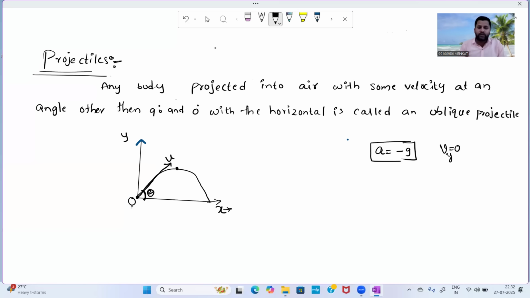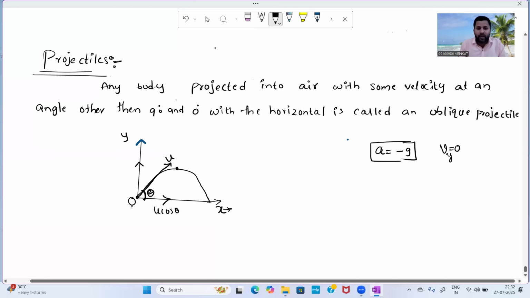When the body is projected upward with angle theta, this velocity can be resolved into two components. We can divide u into a horizontal component and a vertical component: u cos theta and u sin theta at the projection point, the initial point.